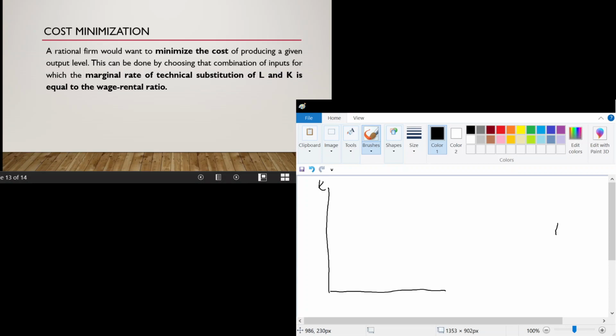So, K and L. So, we have here yung isocost line natin. And then, we have our isoquant. Okay. So, ito ngayon yung cost minimization point natin kung saan tangent si isocost line and isoquant. So, yun yung rational na advisable na kung saan magproduce yung producer natin given yung capital outlay niya and different combination of input.